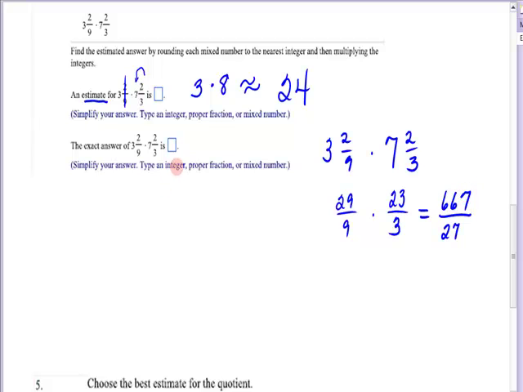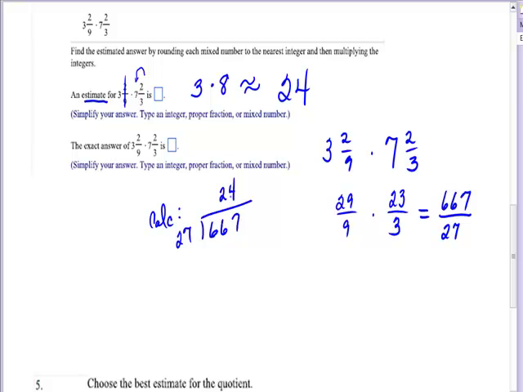I have to have an integer, a proper fraction, or a mixed number. Okay, so I'm going to divide. On my calculator, I'm going to take 667 and divide it by 27, and I get 24 point blah blah blah. Ignore, clear it out.